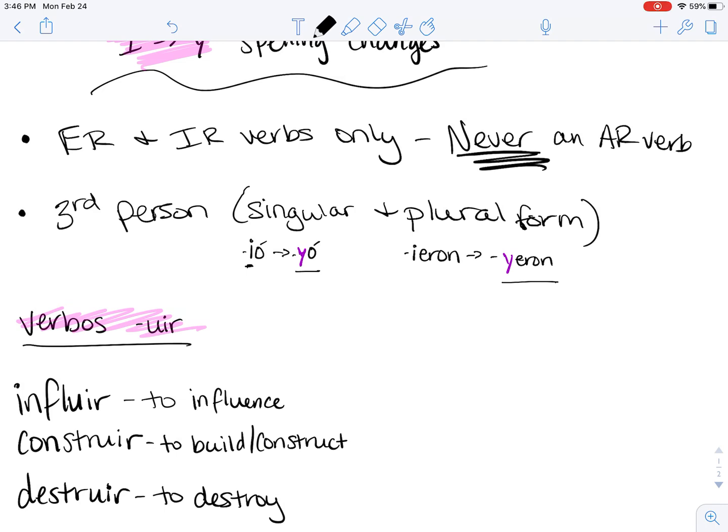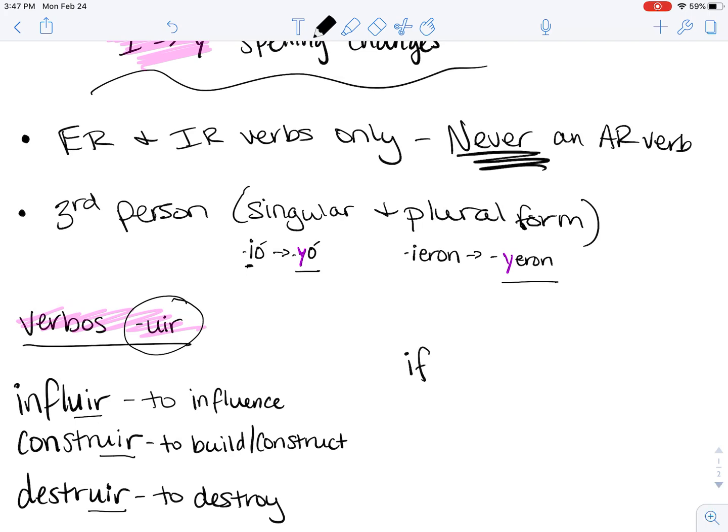All of these verbs end with uir, U-I-R. Let me go through our conjugations here. I'm going to use influir as an example, and this way you can see what happens.